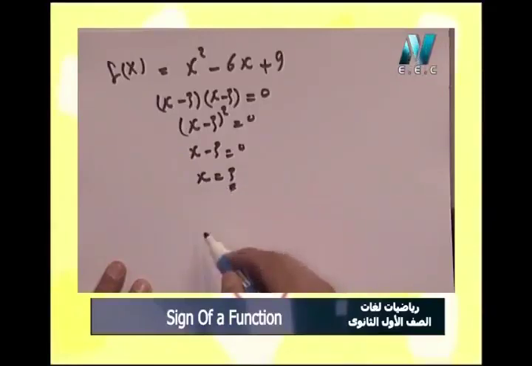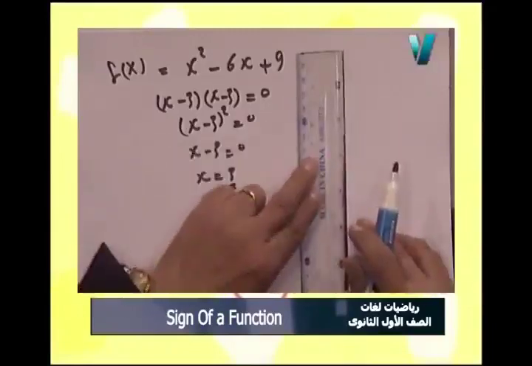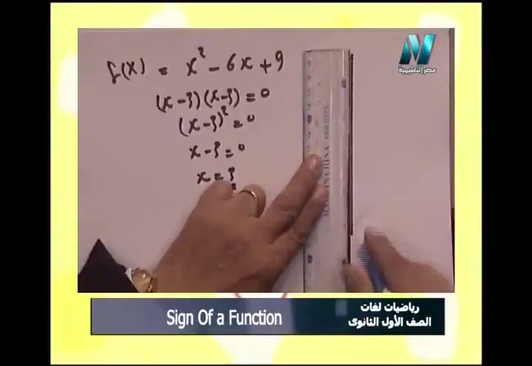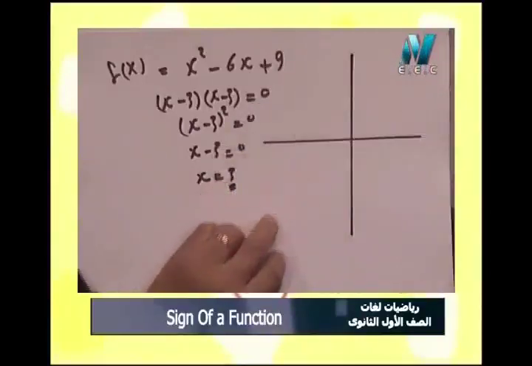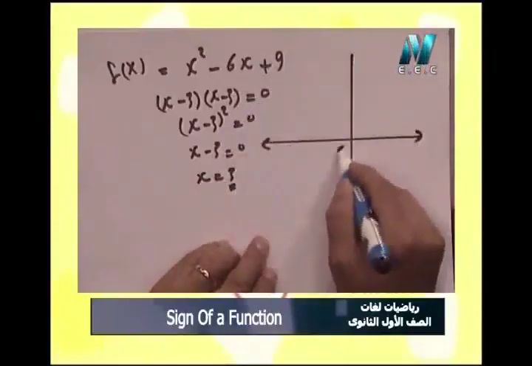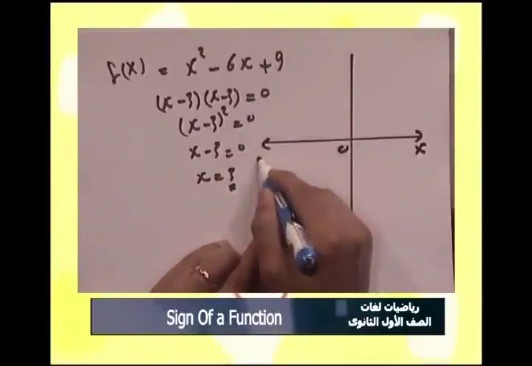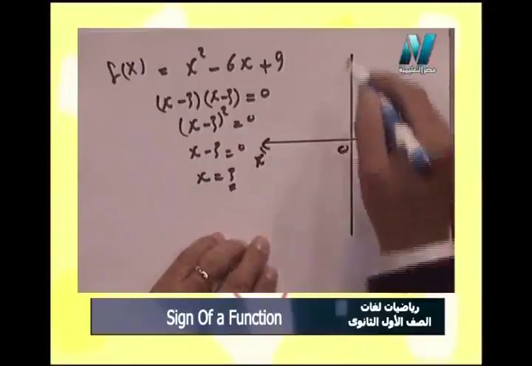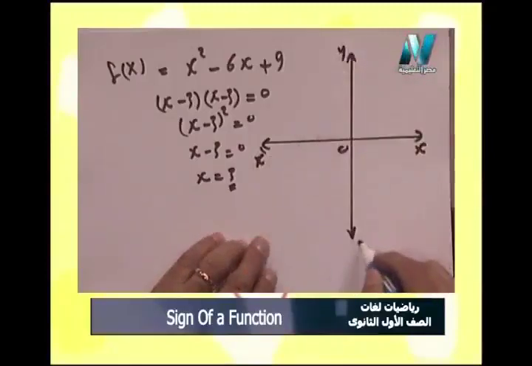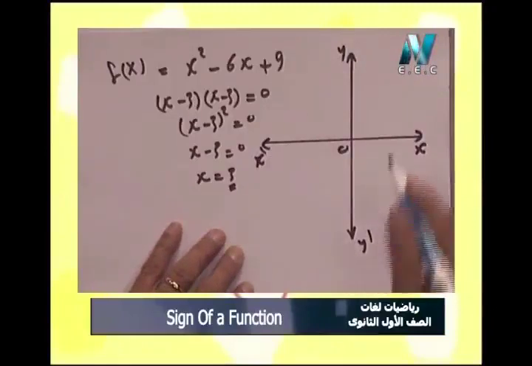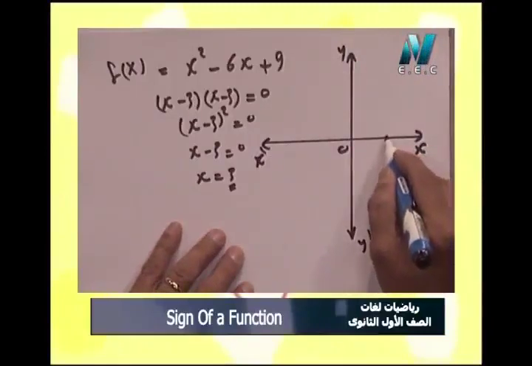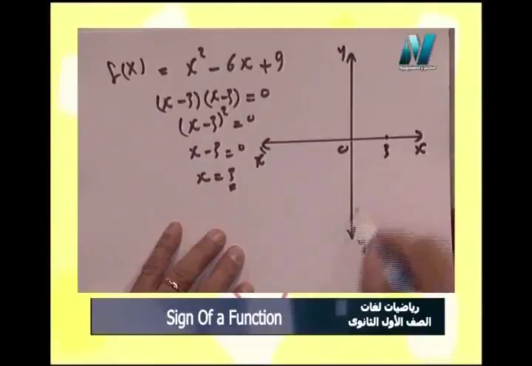If you would like to graph it, we draw the y-axis and x-axis, OX and OX dash, OY and OY dash, and of course it touches the x-axis at 3.